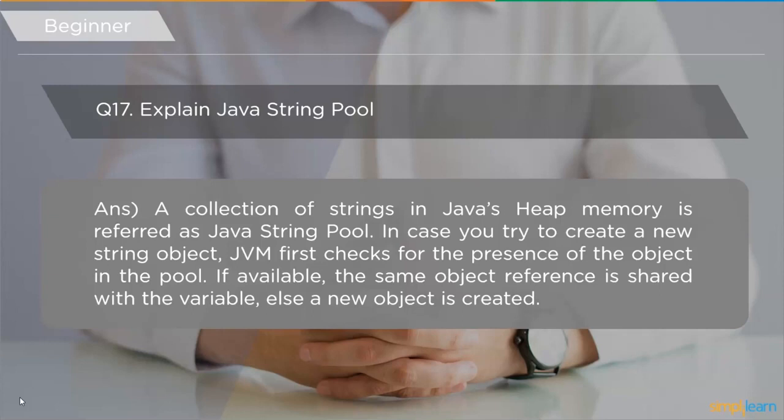So what does JVM do? It will not directly create that particular string. First, it will search for the XYZ string in your string pool. If that is already existing in your string pool, then it will provide a reference to that particular string. In case XYZ is not there, then the JVM will create a new string, that is the XYZ string.